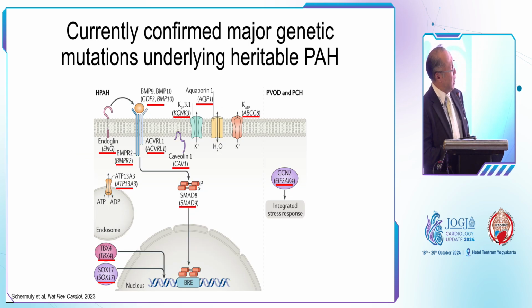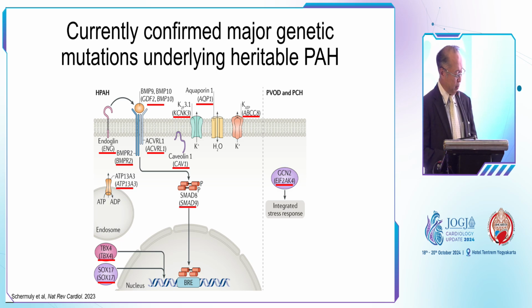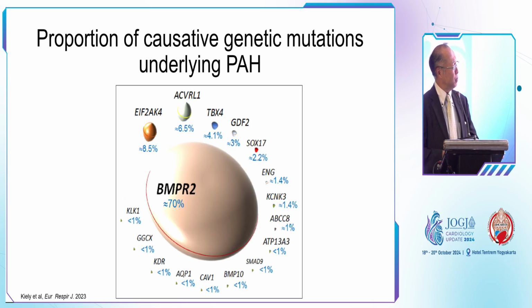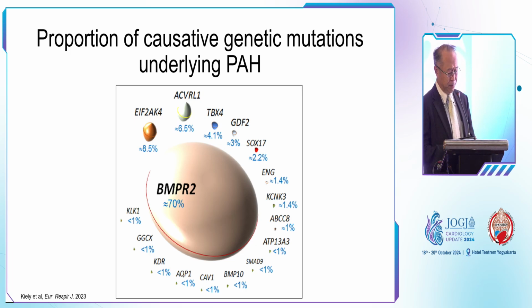And as you can see here, most of the genes relate to so-called TGF-beta superfamilies. So among those, BMPR2 mutation is the most common cause of PAH.